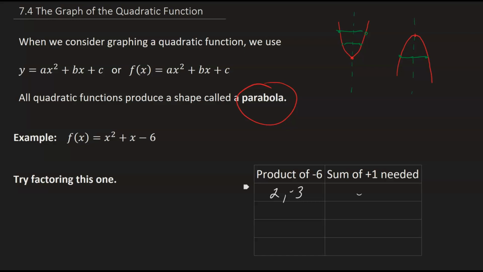That sum is -1. Is it -2 and +3? That sum is 1. Great, we found it. So that means that it factors into x minus 2, x plus 3, and that is equal to 0.